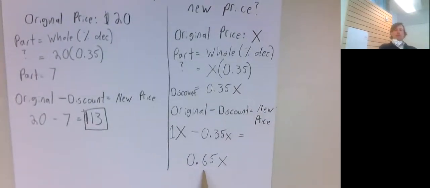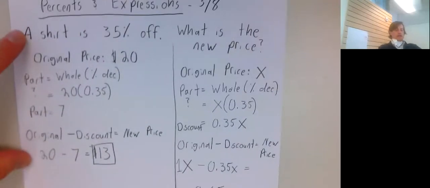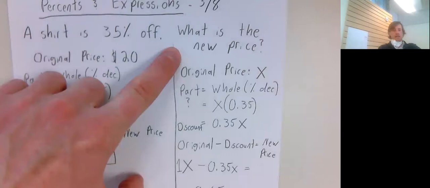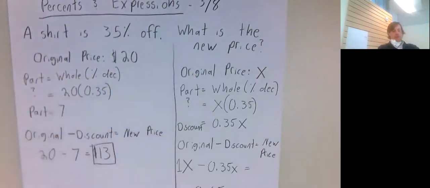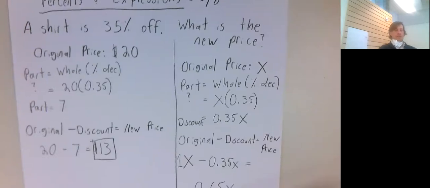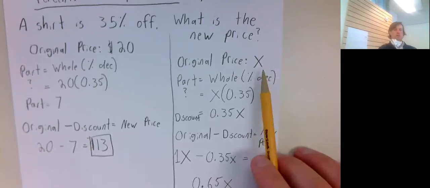So this expression is the shirt that's 35% off at whatever new price it is. If the shirt was $5, we could plug this in and figure out what the new price of the shirt is after the discount. If it was $10, if it was $20, so on and so on, we could plug it in, and it's always going to be 0.65 times the original price.